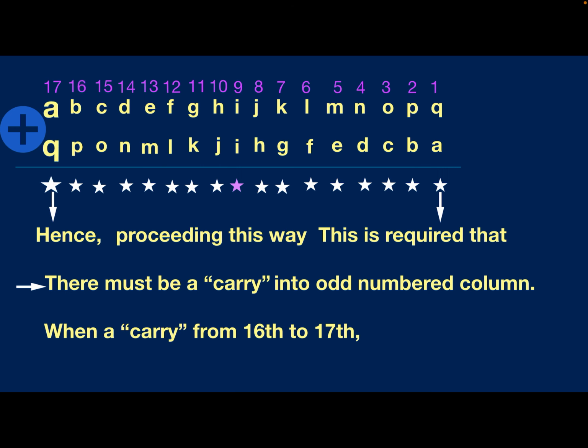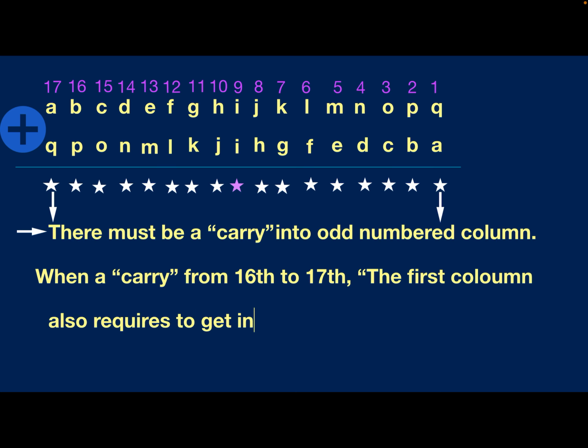If you look very minutely, the digits in the 17th column are A and Q, which are the same as in the first column, that is Q and A. So if the 17th column requires a carry from the 16th, the first column also requires a carry. But what we see is that the first column has nothing to supply this carry, because it is the first column, isn't it?